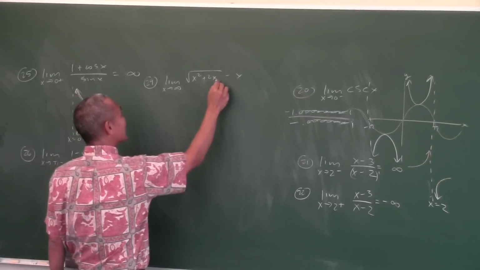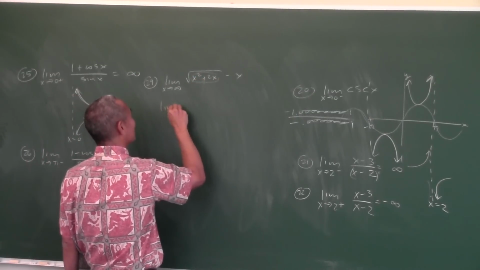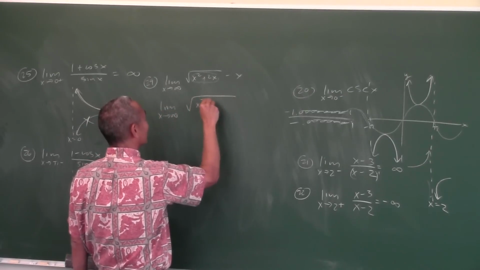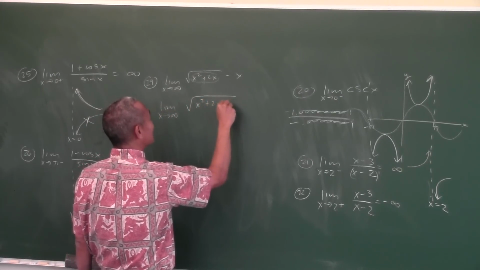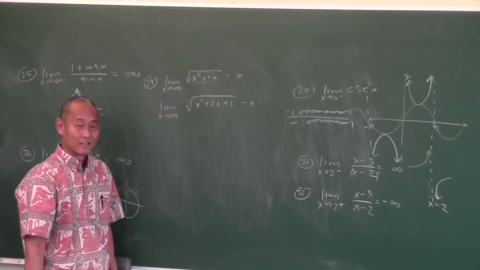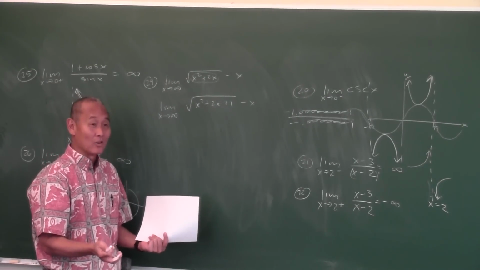Okay, watch this. Doesn't this look like, hey, that's almost a perfect square? Watch what I'm going to do. I'm going to complete the square. Is that even legal? Because if I add 1, doesn't that change it? Yeah, but you can. You know why?